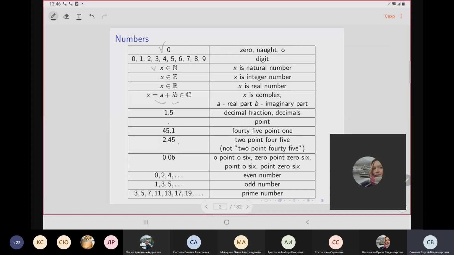When there are a lot of digits after the point, we do not call it two point forty-five. It's a wrong spelling. We have to say two point four five. So every single digit is pronounced individually.